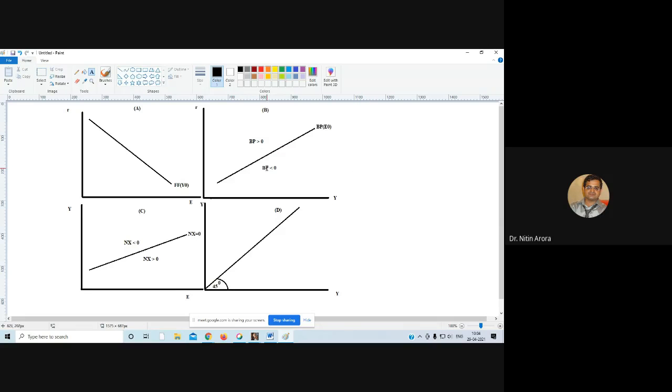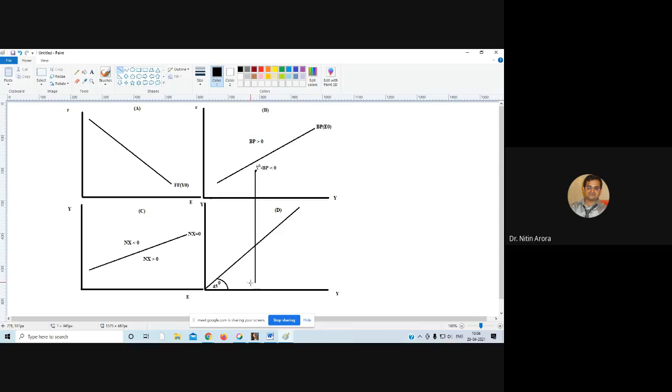Suppose we are at a point, let it be point M. Now, if I talk about point M, BP deficit is there. Why BP deficit?